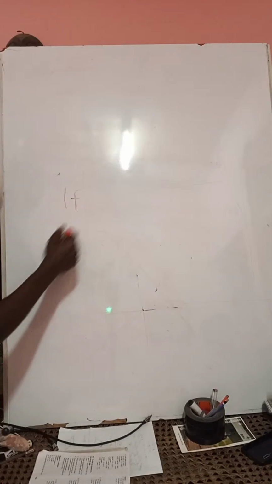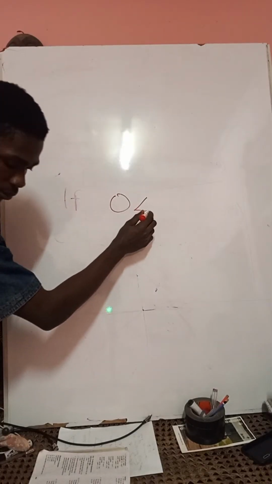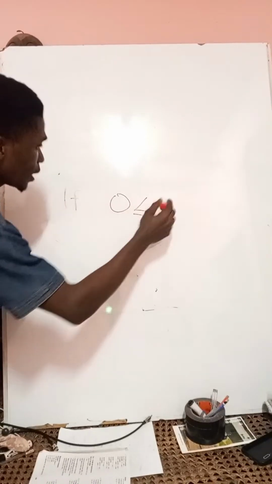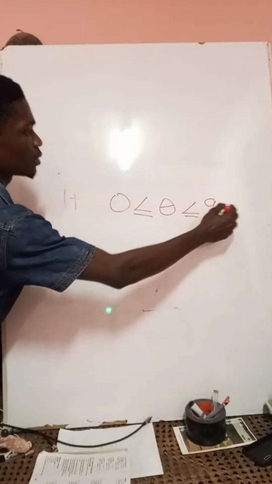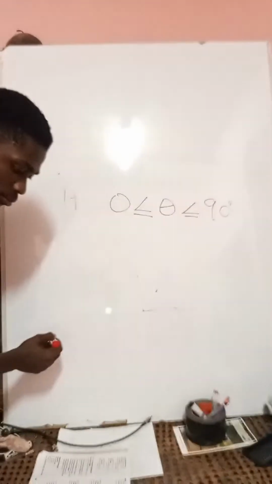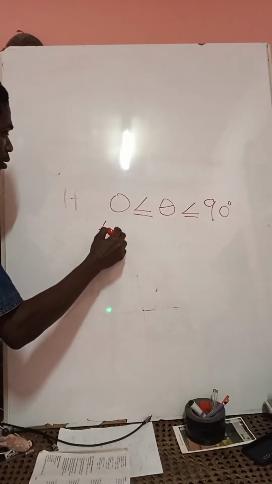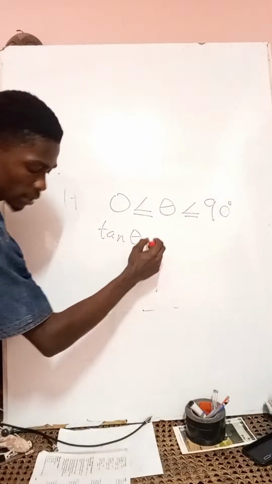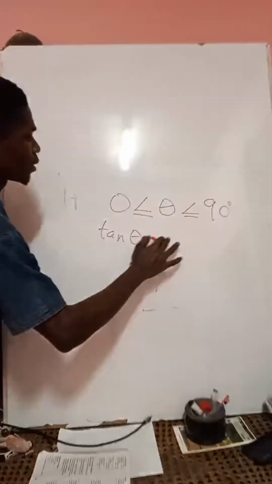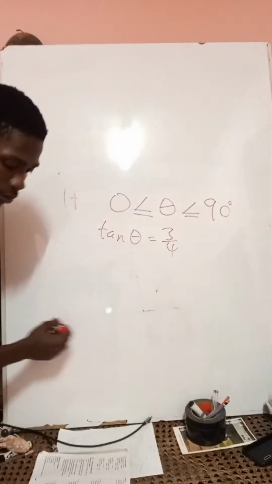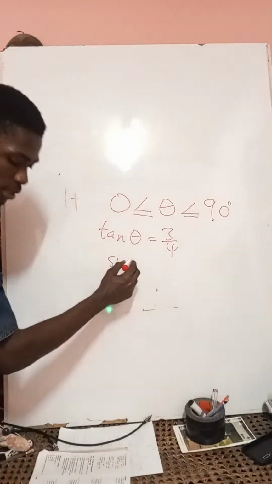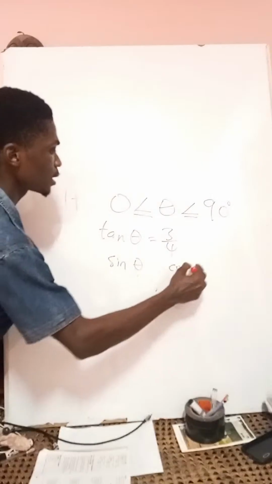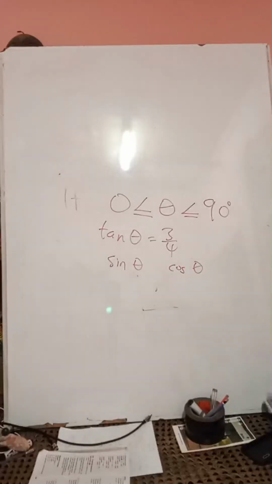If 0 is less than theta, less than or equal to 90 degrees, and tan theta equals 3 out of 4, then find sine of theta and then cos of theta. Can you try, or should I explain it first?